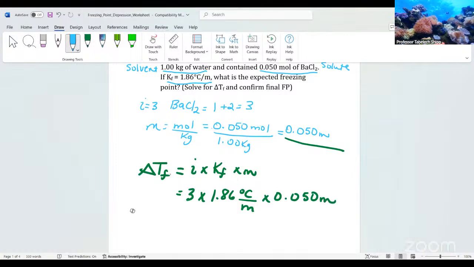I'm going to cancel my m's out, and I'm going to be left with degrees Celsius because that's what we were looking for. So 3 times 1.86 times 0.050 gives us our final answer of 0.279 degrees Celsius. And that is our answer for this first problem, number 1.